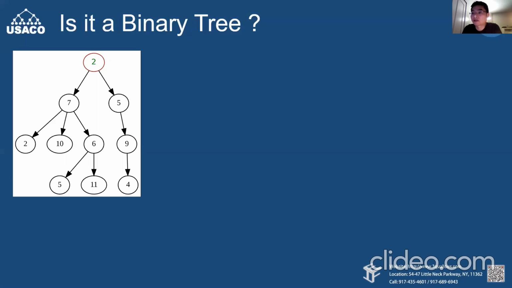Julian, is this tree a binary tree? No. Why? Because it has more than 2 lines of nodes. Which node breaks the rule? I'm asking you, which node breaks the rule?